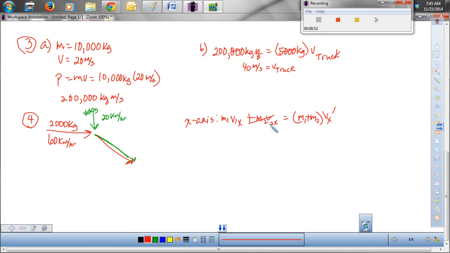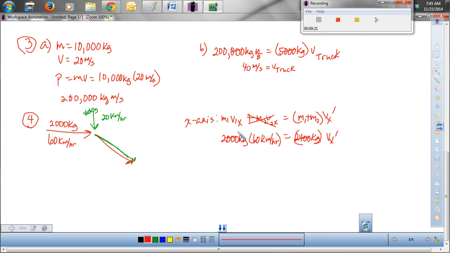This one was not moving on the x-axis prior to the collision, so I have 2,000 kilograms times 60 kilometers per hour equals M1 plus M2 is 2,400, if I did that correctly, a 2,000 and a 400, is that right? Yes, so that's 2,400 kilograms. Vx prime.